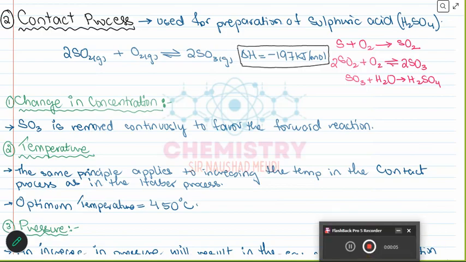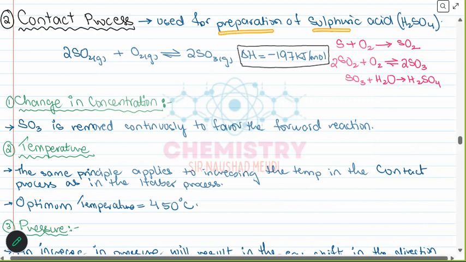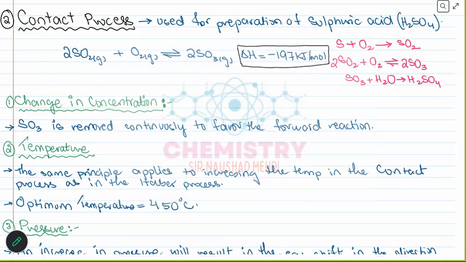The contact process is basically used for the preparation of sulfuric acid on a large scale. You know the formula of sulfuric acid, which is H2SO4. So in industries, if we want to prepare sulfuric acid on a large scale, we use the contact process.